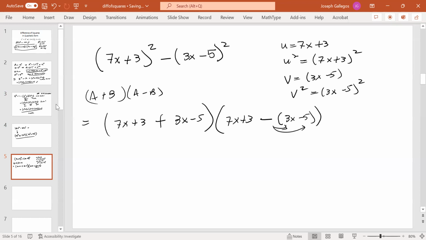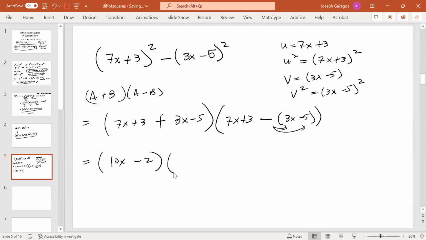We could do the same distributive property on the first set of parentheses, but when we distribute the plus sign, it's not going to change any signs. Right? We distribute a minus sign, it's going to change some signs around. And so here in our first set of parentheses, now we're going to simplify. We have 7x plus 3 plus 3x minus 5 would be 10x minus 2. There's our first set of parentheses.